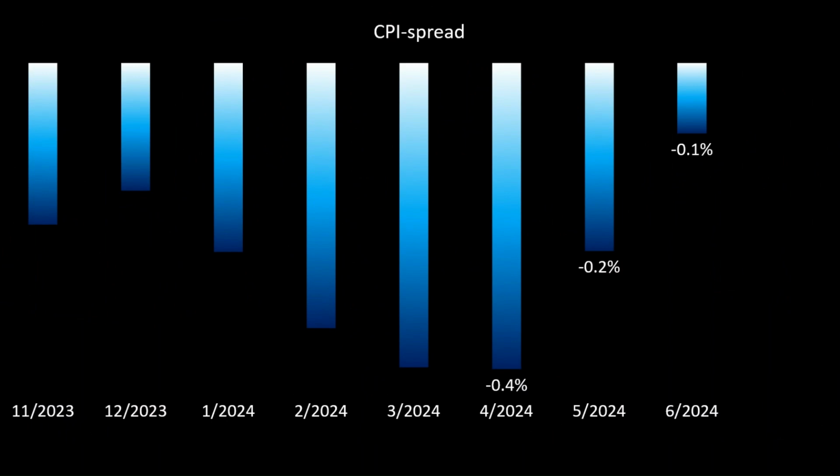It'll be very interesting to see if this month's CPI data is low enough that it'll actually move this into positive territory. It's healthy that the CPI comes down. We want inflation to come down, but we don't want it to come down too quickly, because that would be a sign that maybe the economy is cooling too quickly, and that would be an early precursor to a recession.